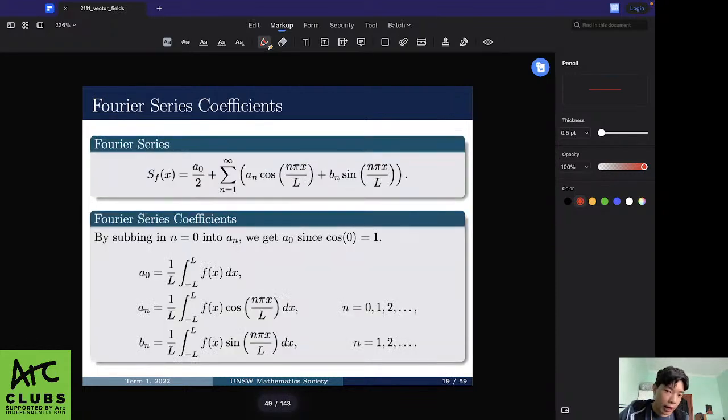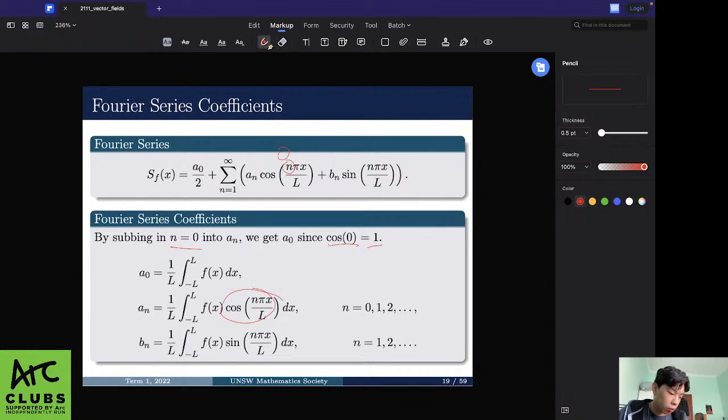Now we have the coefficients of our Fourier series, which is pretty much like 80% of the battle. So we have our Fourier series right here, and we also need to know that A0 usually has to be calculated on its own, which is why we have n equals 0 right here. If n equals 0, obviously this n becomes a 0, so it becomes a cos 0, and that's equal to 1.